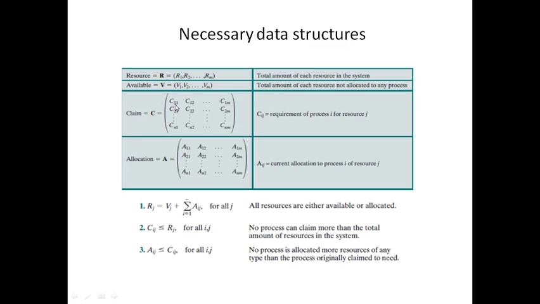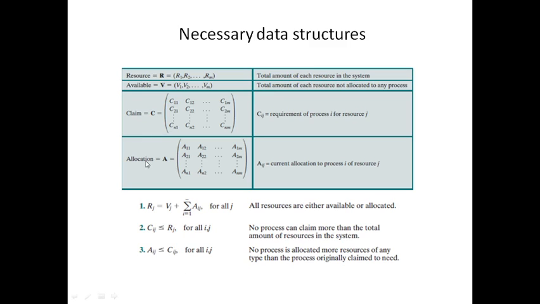So row 1 represents the resource requirement of process 1, row 2 represents the resource requirement of process 2, and so on. Each column in a row represents the requirement for a particular resource. For example, C11 means the resource requirement of P1 for R1. Similarly, C12 means the resource requirement of P1 for R2. In that way, we can interpret the values of the claim matrix.